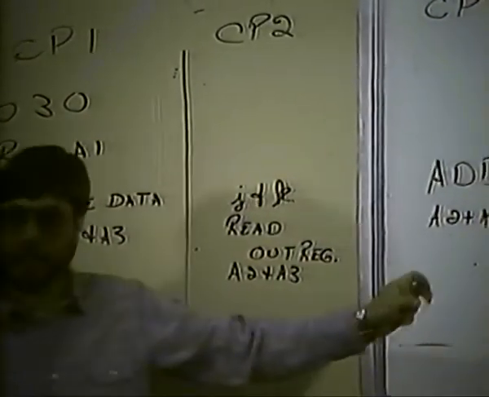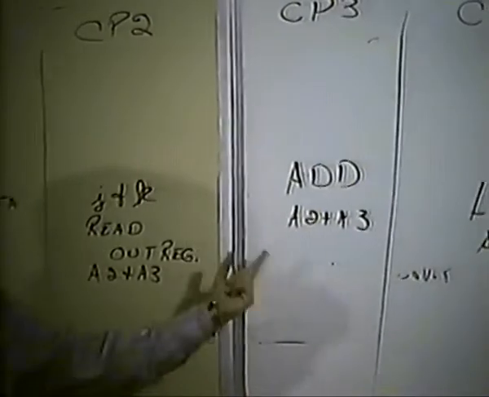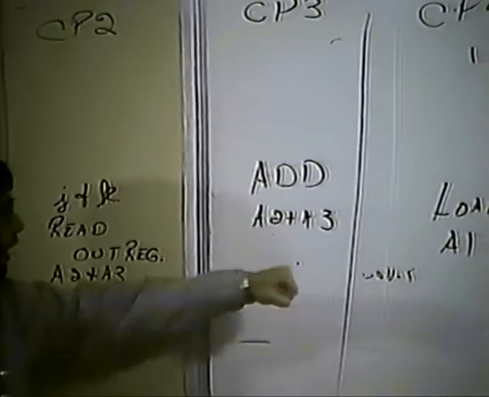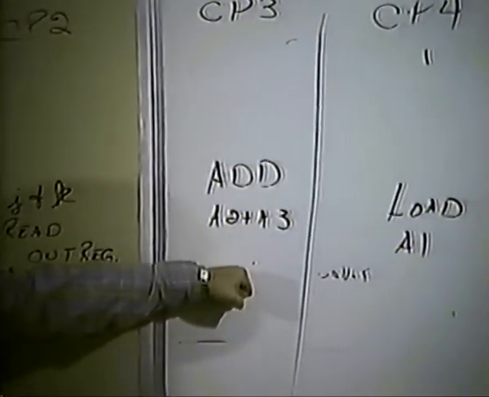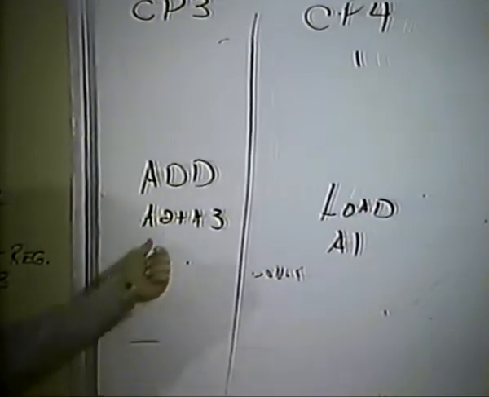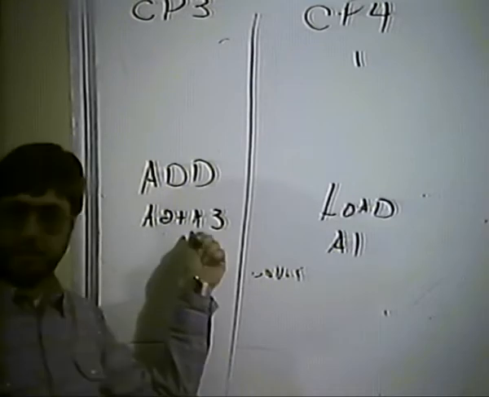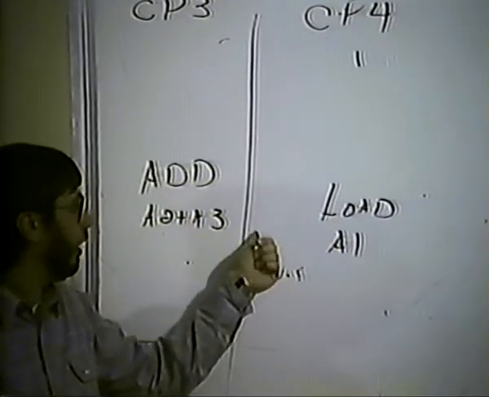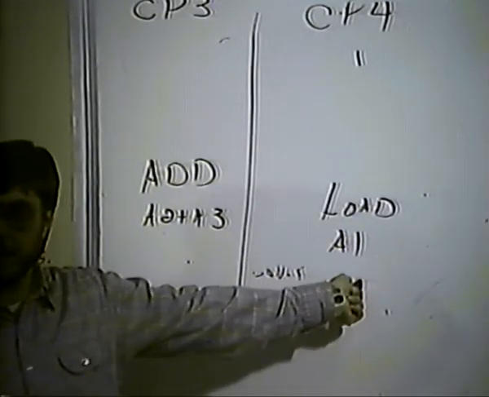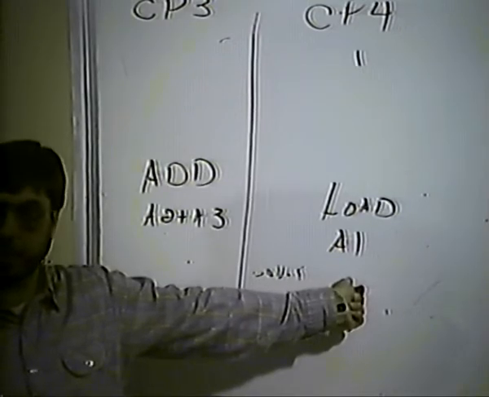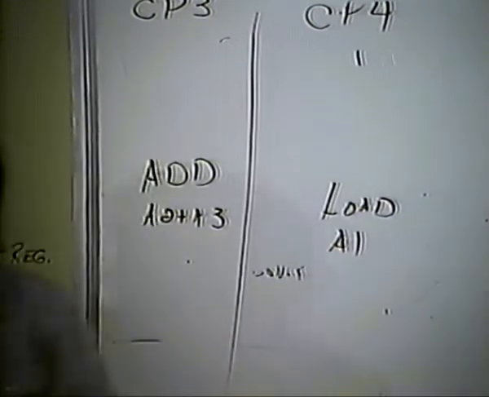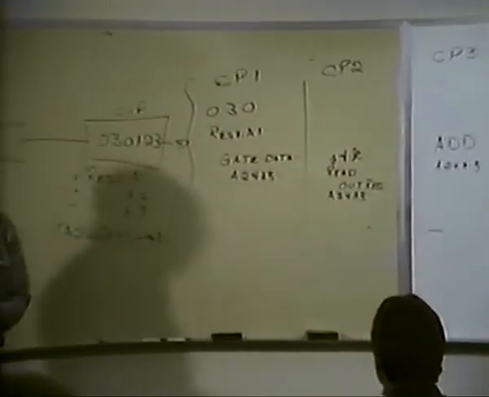In between 2 and 3, it's on the wires, into the module, being added up. By clock period 3, you're right in the middle of the add operation. It comes out of the latches, finishes the add, hits the wires again, it's back onto the module, into the A register, and back in A1 by clock period 4. So it took us 4 clock periods to do a 24-bit add.